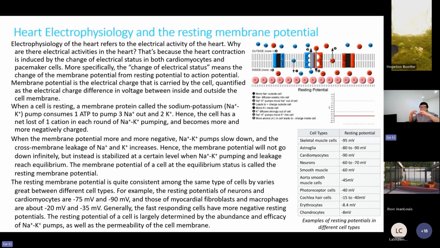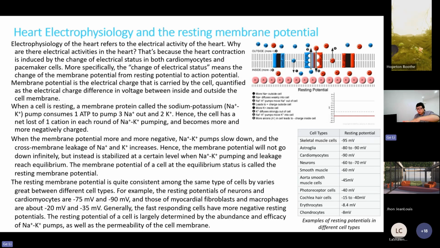In most cases, this pump is constantly active, constantly pumping the sodium out and potassium in. However, even though this pump is always working, at a certain level, when the membrane potential reaches a certain negative level, it does not go further into more and more negative.